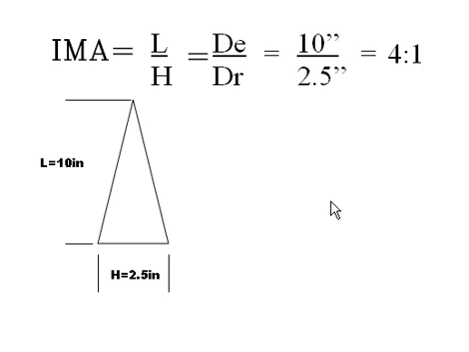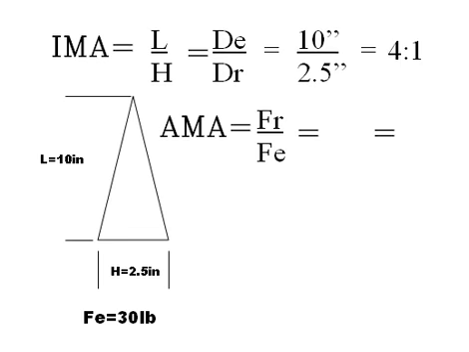Now we can add some forces to our wedge and determine the AMA. So we're going to do some calculations. Let's pretend that we've got a hammer and we're driving a wedge into a piece of wood. And the force of effort that we're putting on the hammer is 30 pounds of force.